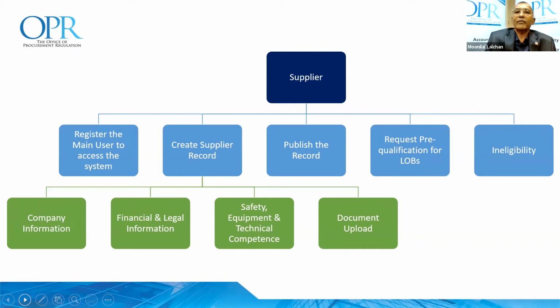For example, if you're looking for a small electrical or plumbing contractor and you want to engage in, let's say, Siparia Regional Corporation, you can go in the system and pull out all the electrical and plumbing contractors within the Siparia Regional Corporation, and you can use that as a basis for pre-selection within a regional corporation. So that's how the system is geared towards pre-qualification.